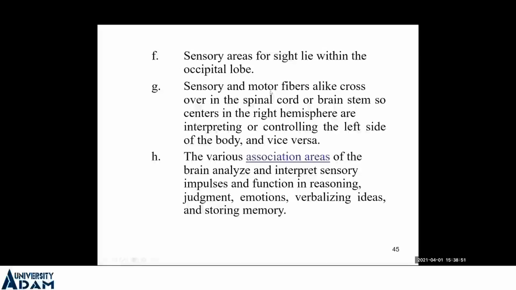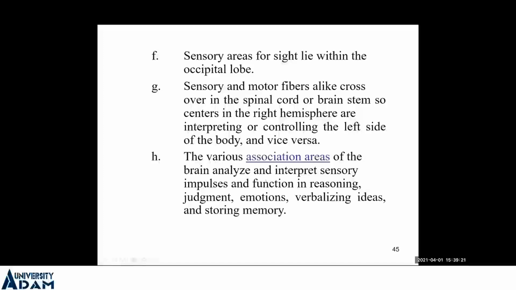No, actually, guys, there are a lot of tracts for the motor fibers, not only the lateral corticospinal tract, but also the anterior corticospinal tract, vestibulospinal tract, for example, and others. But the main one is the lateral corticospinal tract. For sensory, there were the dorsal column tract and the spinothalamic tract.